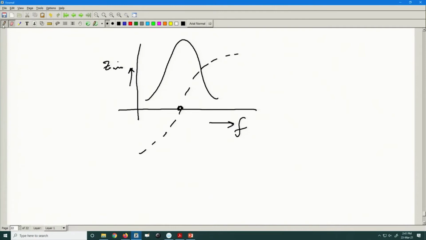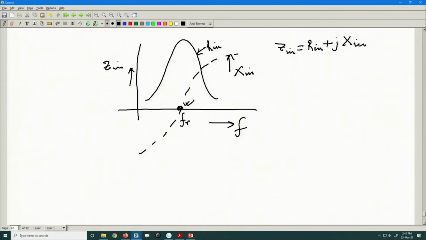This is the resonant frequency, this is the X in and this is the R in, with Z in equal to R in plus j X in. This is the resonance of the system.